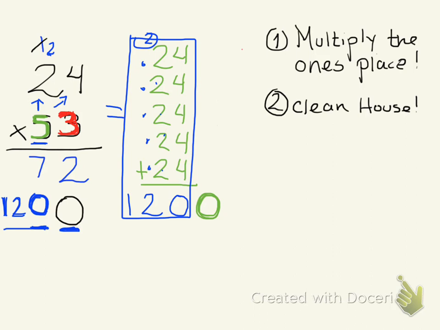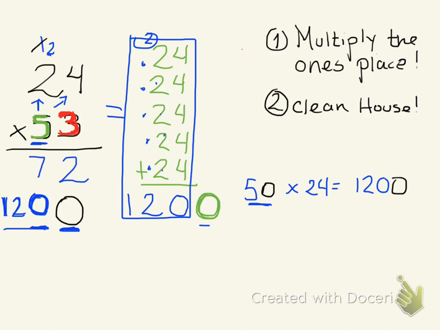Okay, that is step 3. But let's talk about that 0 first. Remember, if you can do 5 times 24, which we just did, that makes 120, right? But remember, we're talking about 5 in the tens place. That makes a 50. This over here is a 50. So let's make this a 50.